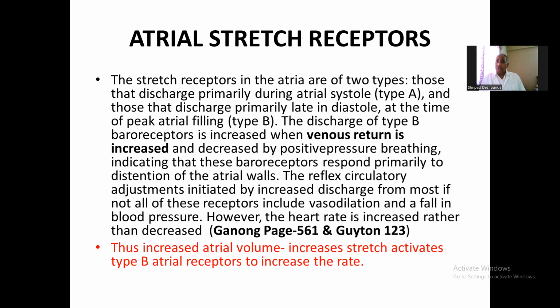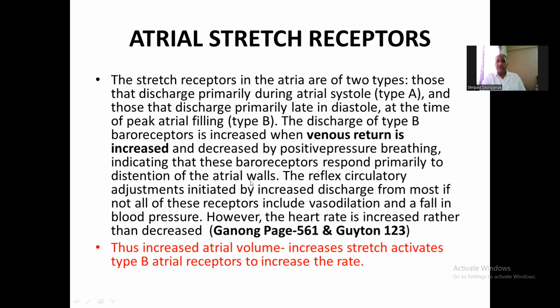The discharge of type B receptors of the atrium increases when venous return is increased. If the venous return is increased, the atrial volume is increased. That stretches the atrial muscles and distends the atrial walls. So now, because of the distension of the atrial walls, it will increase the rate.